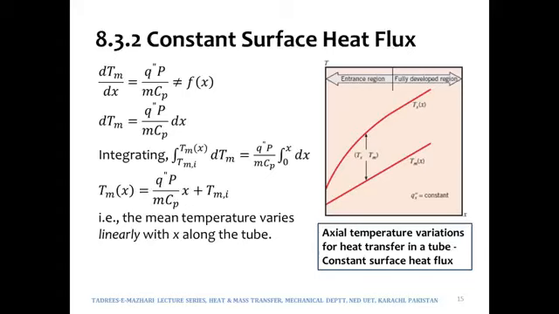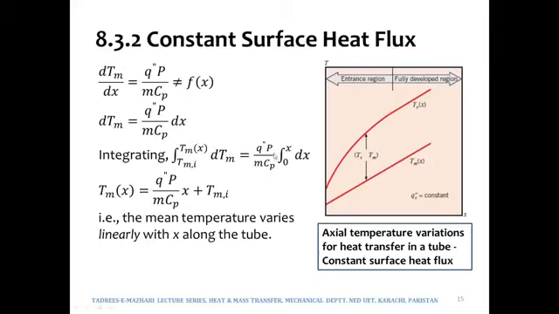And similarly Tmx may be Tm naught, maybe not necessarily. If we write it as Tm naught, it means that we are talking about the mean or bulk temperature of the fluid at the outlet of the pipe, or it may be at any intermediate section. So that is why we have written it as Tmx.